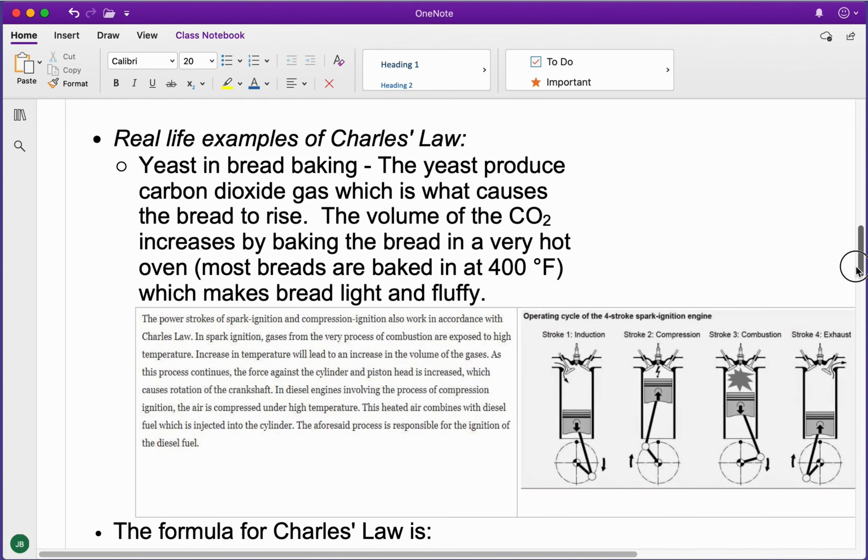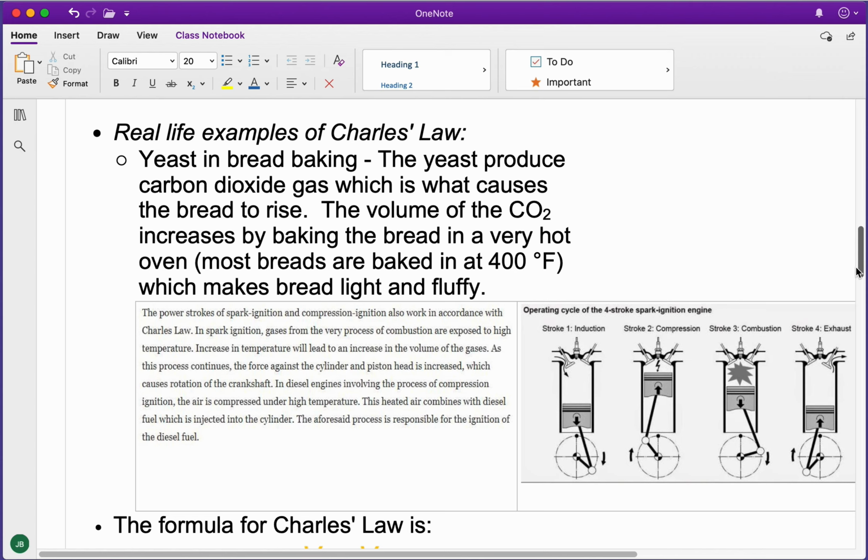All right, so let's look at some real life examples of Charles's law. Yeast in bread baking. The yeast produces carbon dioxide gas, which is what causes the bread to rise. The volume of the CO2 increases by baking the bread in a very hot oven.